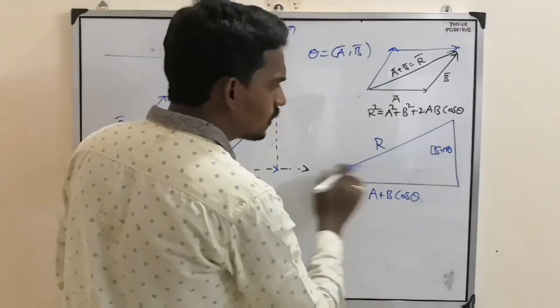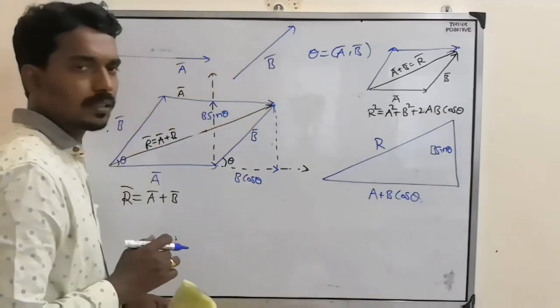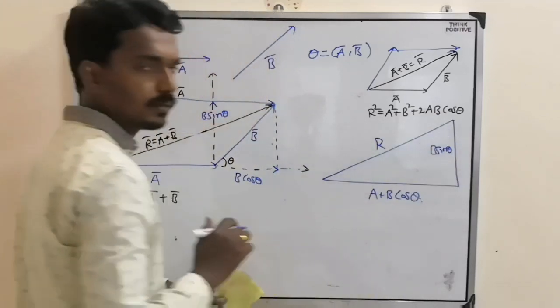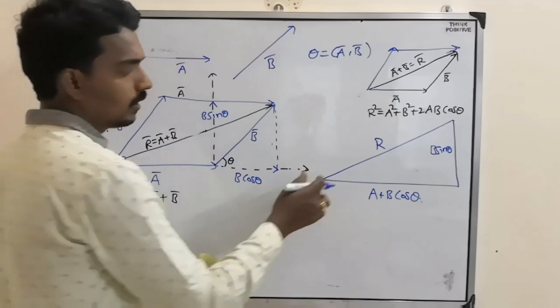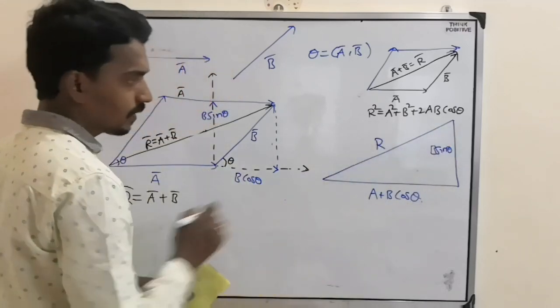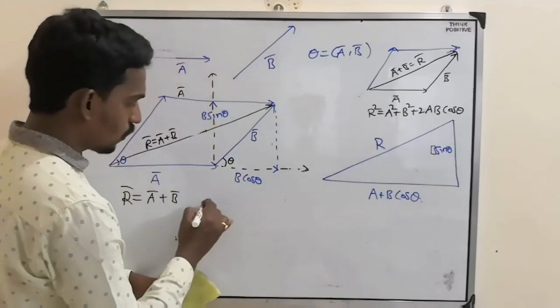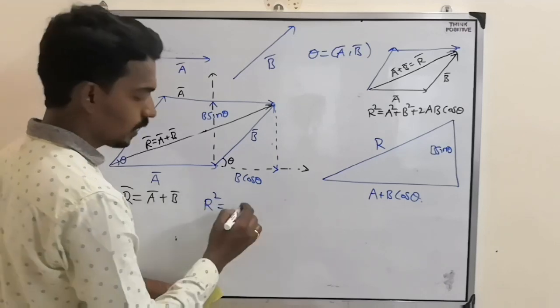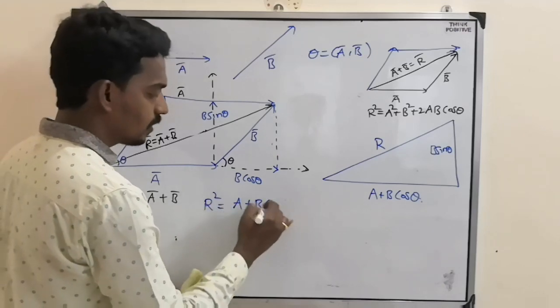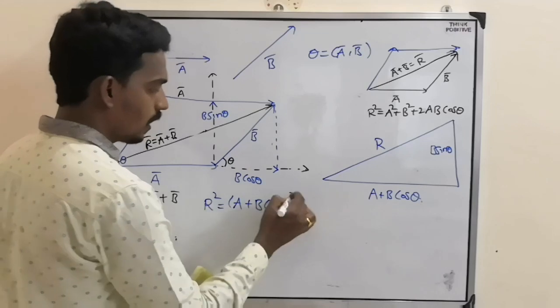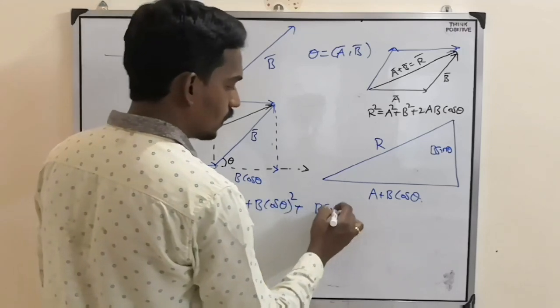Now if you look, this is like a right angle triangle, where you can apply the Pythagoras theorem. That is r square equal to, hypotenuse square equal to base square plus height square.